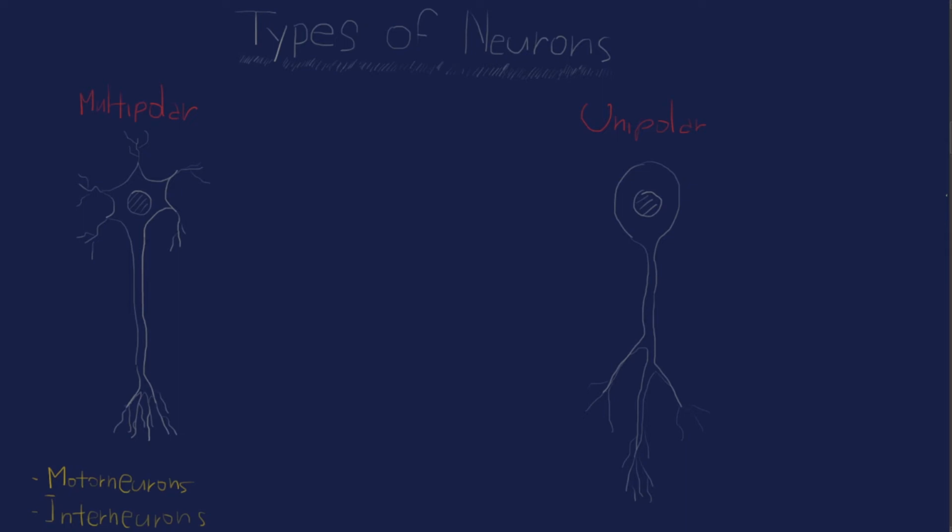In some textbooks, you can find that there are actually no true unipolar neurons in the human body. In some other textbooks, on the other hand, you can see that there are some unipolar neurons in the cerebellum. However, that's not that vital for your exam. What you maybe should know is that unipolars are present in abundance in insects and that they are rare in humans.